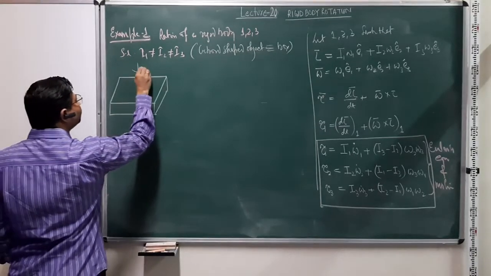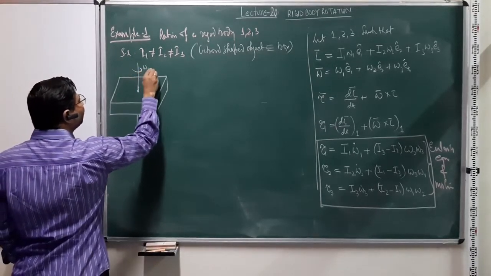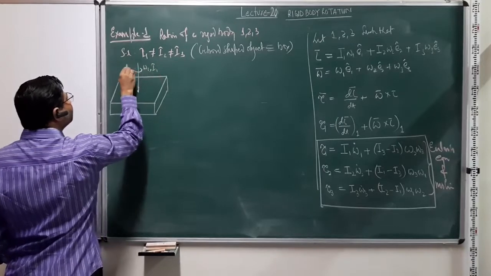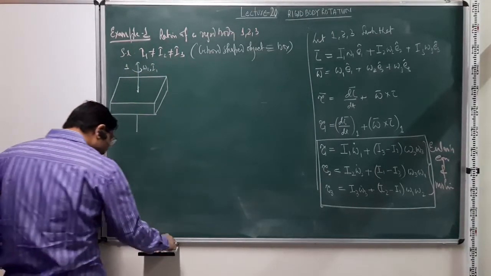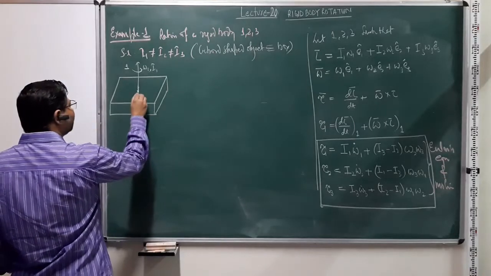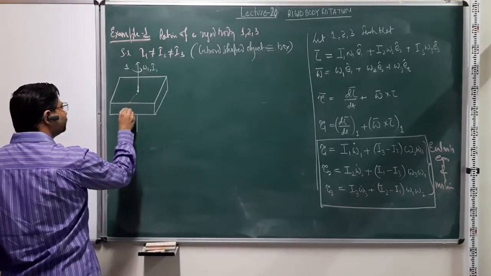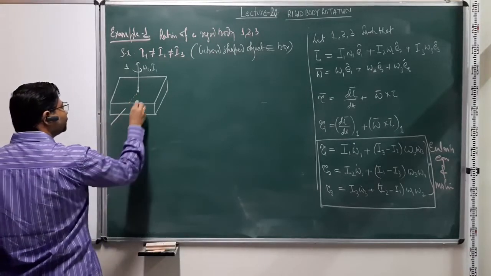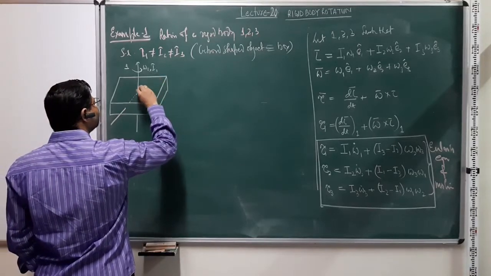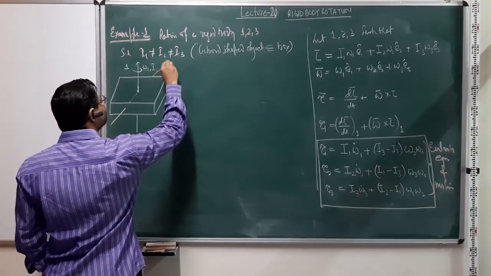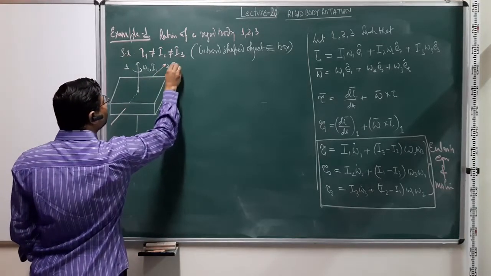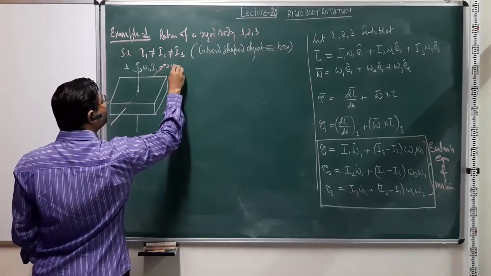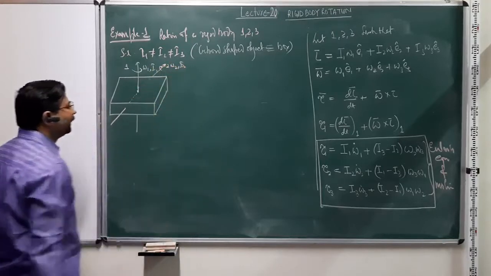So I have this axis 1, omega 1, I1. Similarly, I can have another axis passing through the center of mass. Now this is axis 2, and it can have rotation about this axis, omega 2, I2.